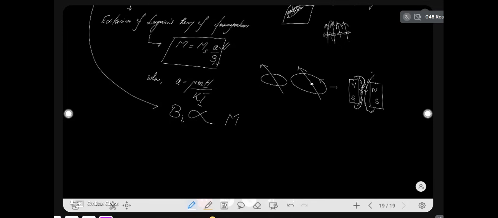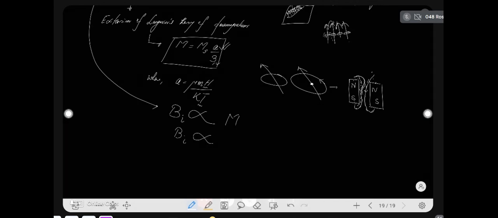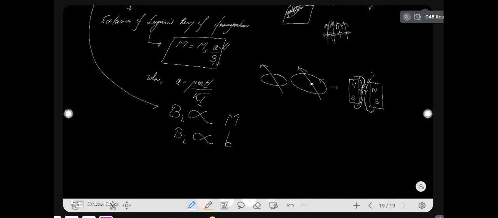Whatever is the value of magnetization in iron, that may not be the same for nickel. So Bi is proportional to M, and Bi is also proportional to a factor known as the Weiss factor, small b. This Weiss factor is responsible for the strong coupling of the magnetic moments.